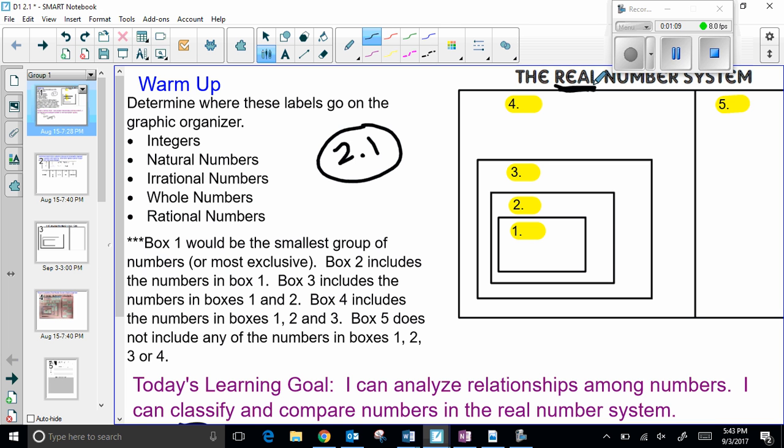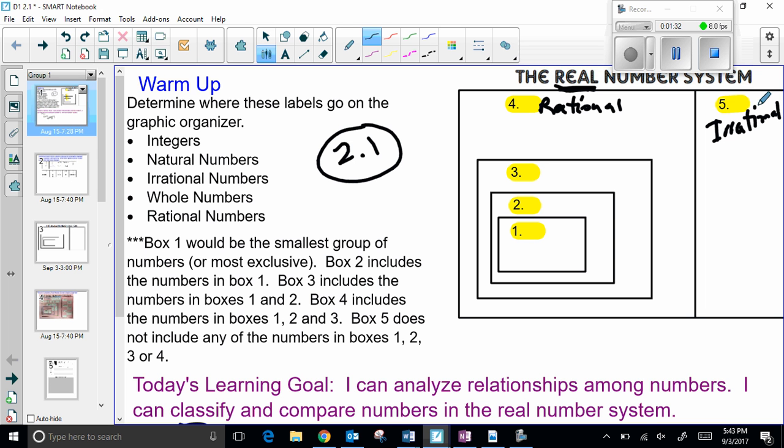You might be surprised to learn that there are actually imaginary numbers out there. We're not going to talk about those, but we'll talk about the real number system, and they have these different categories. It starts with the two big groups: rational, and over here are irrational.